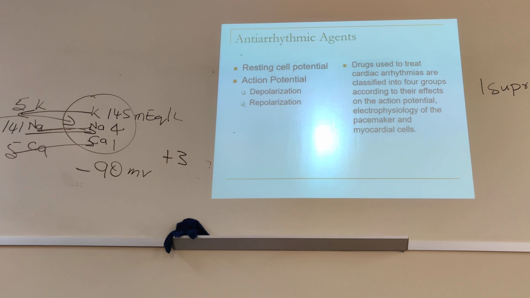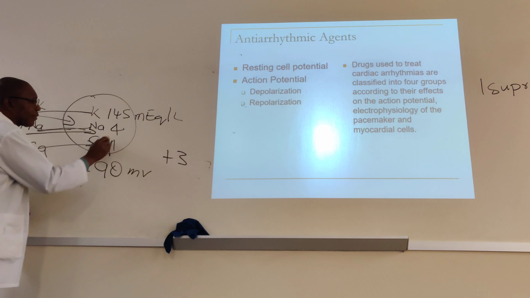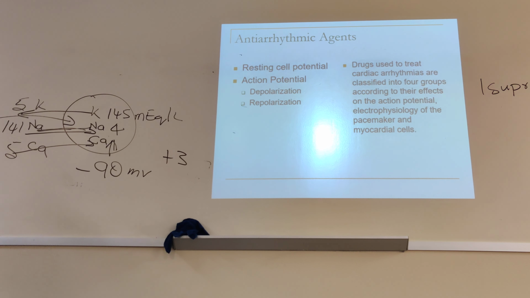Now, the end game of depolarization is to increase intracellular calcium. Intracellular calcium goes up because you have influx of calcium into the cell. And then those 2 muscle filaments are called the actin and the myosin.